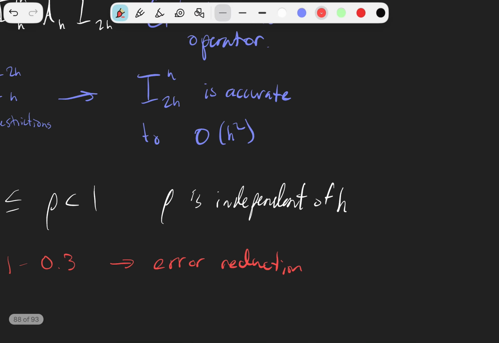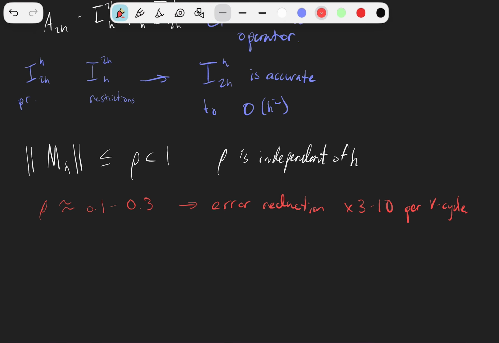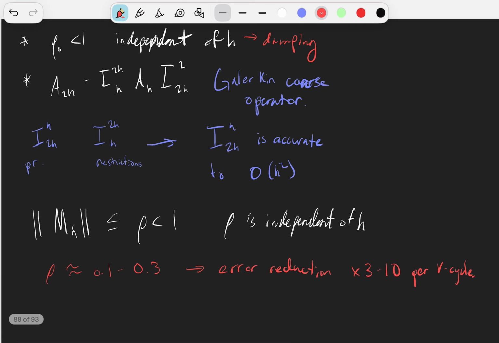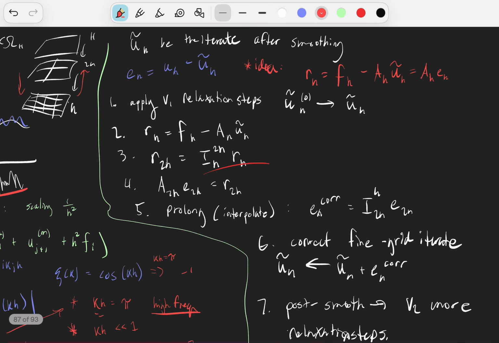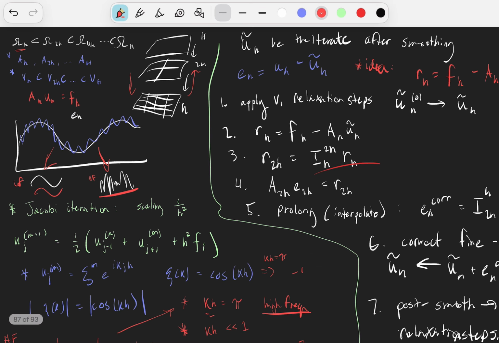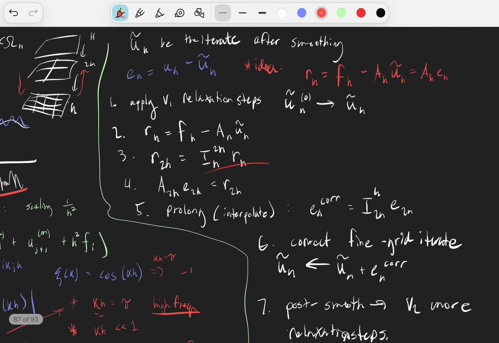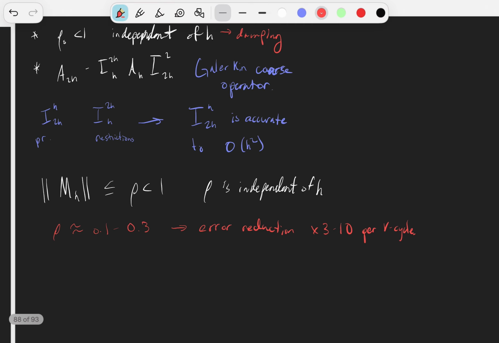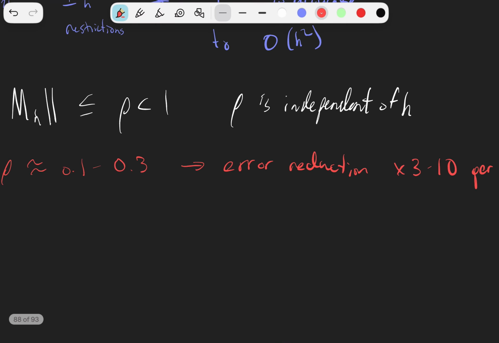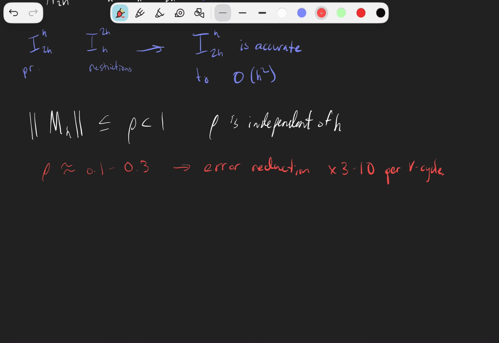We usually get error reduction by 3 to 10 times per V cycle. That's kind of insane. And this is independent of mesh size as well, so it doesn't matter how big the mesh size actually is. We really get a true sense of mesh independence because of the scaling that we're able to do. So that's pretty powerful.